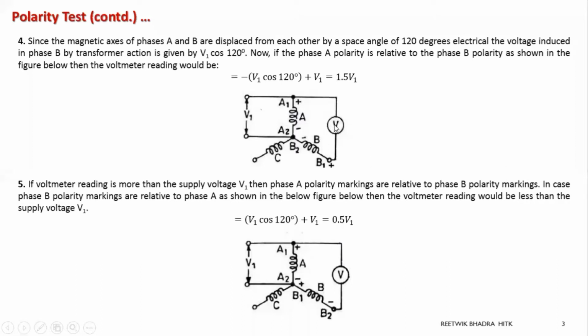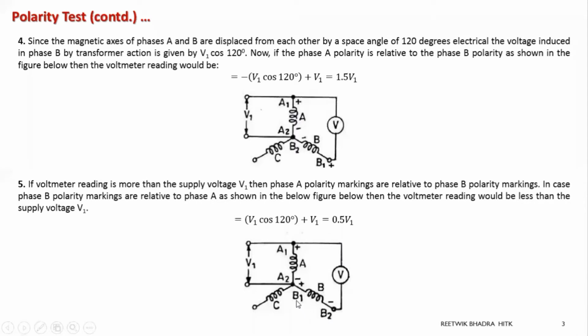Moving the minus V to the right-hand side, V will be VA minus VB. VA is V1 and VB is V1 cos 120. So V1 minus V1 cos 120 gives you 1.5 V1.